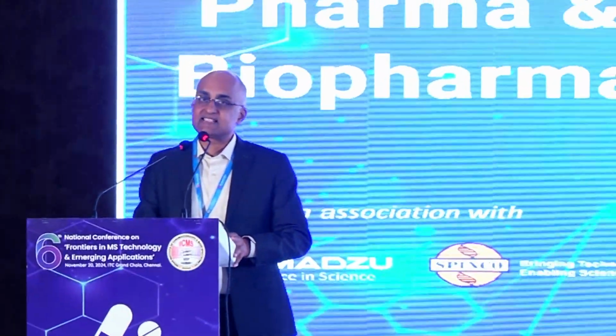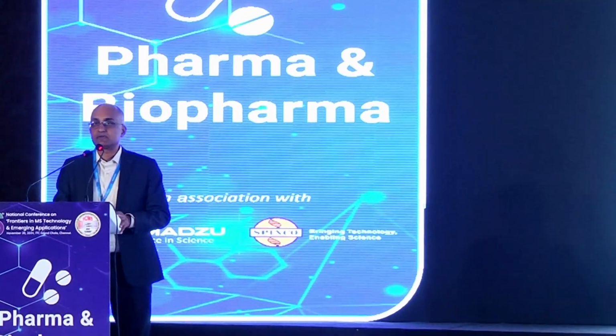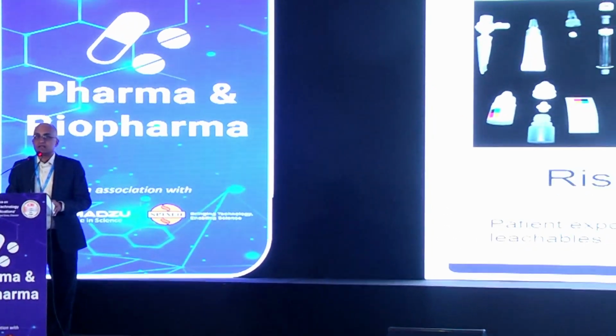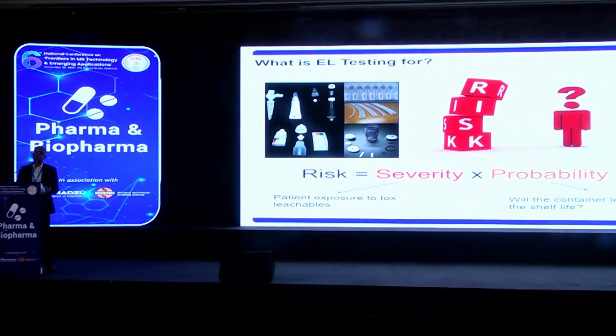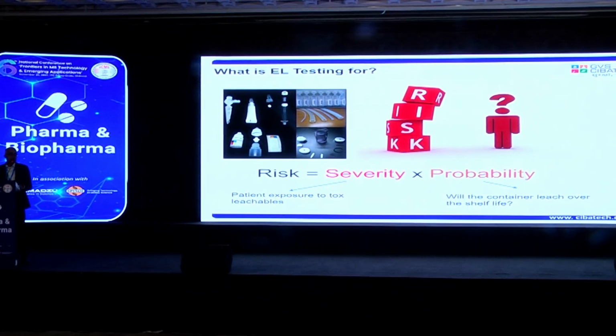Okay. I start off with this slide because we talked about risk assessment in the first half, and extractables and leachables also continue the same journey ahead. It is all about risk. And risk, as you know, is the product of probability and severity.